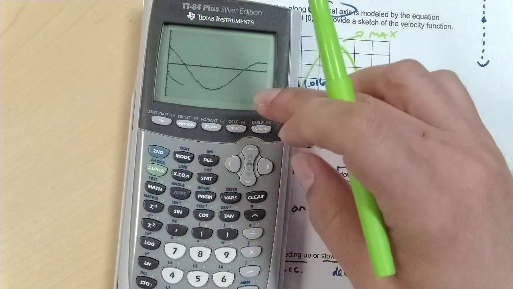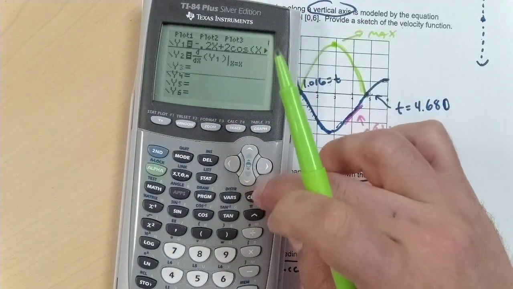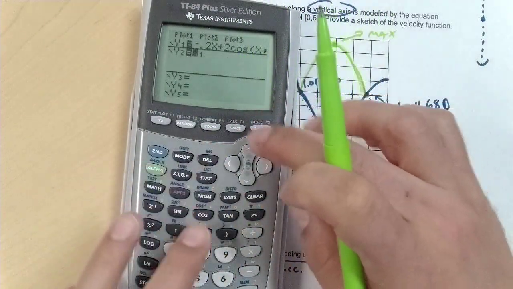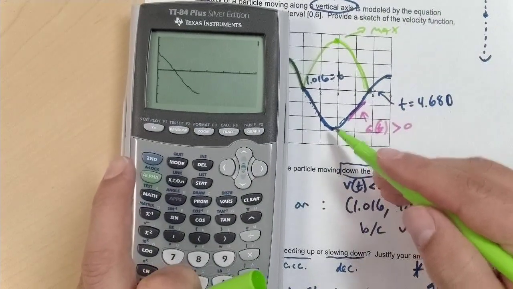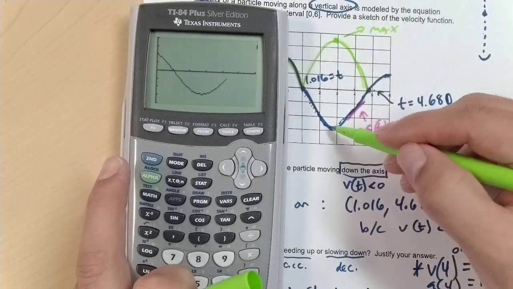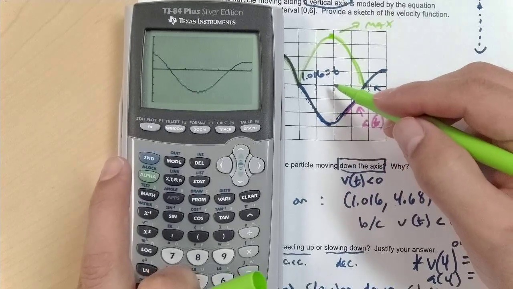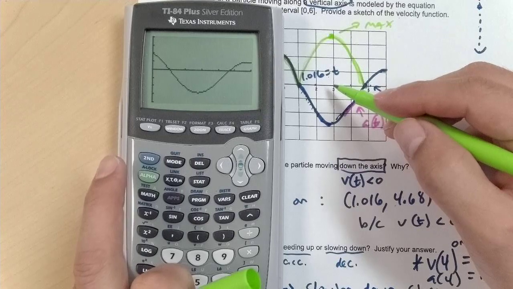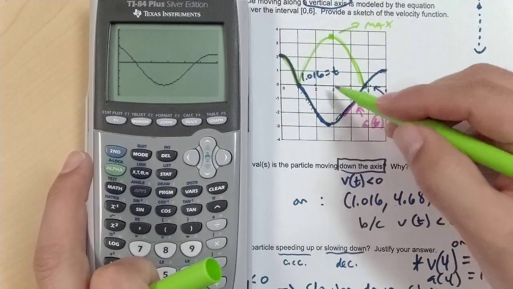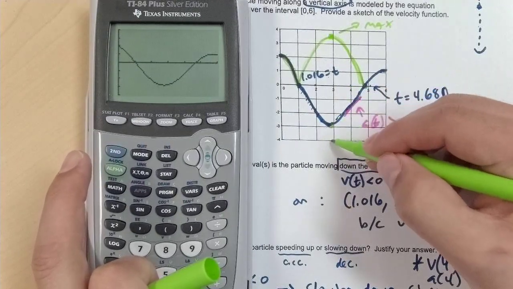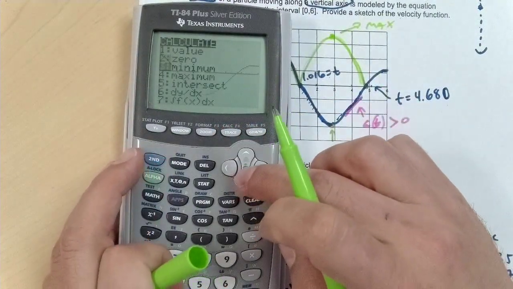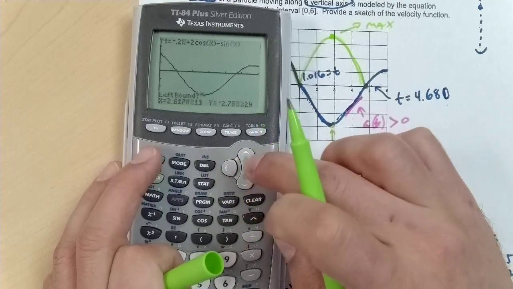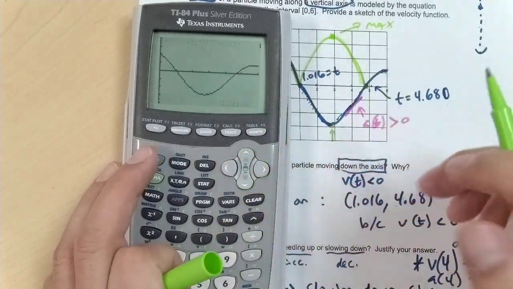Don't need to graph my derivative now. If you find the minimum, because this point is the one that's furthest away from 0. Actually, that would be another way to describe the fastest speed: whatever point is furthest away from 0, which is going to happen here, you take the absolute value of the y coordinate there. So we find the minimum, go left bound, go right bound.